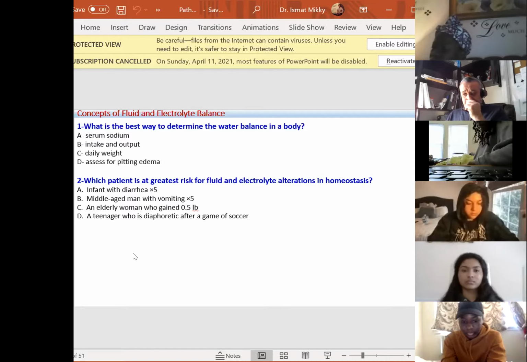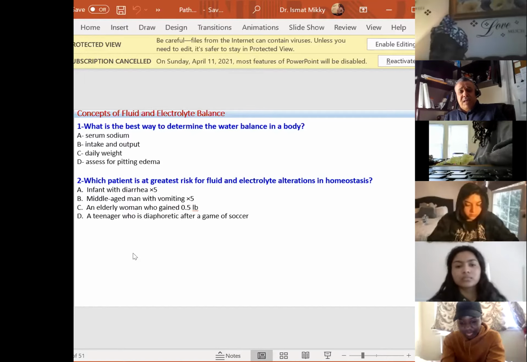The elderly have 45 to 55%, so they are not at as high a risk as an infant who is having diarrhea 5 times, right? So that's the rationale. If I ask for a rationale, the answer is that infants are at high risk because their water content is 70 to 80% of their body weight.